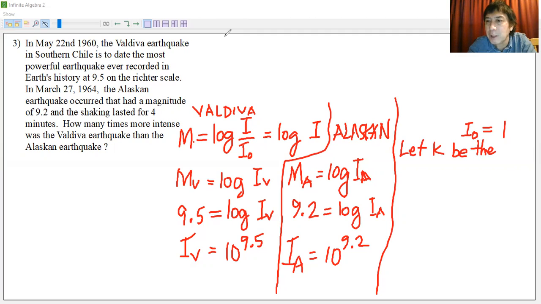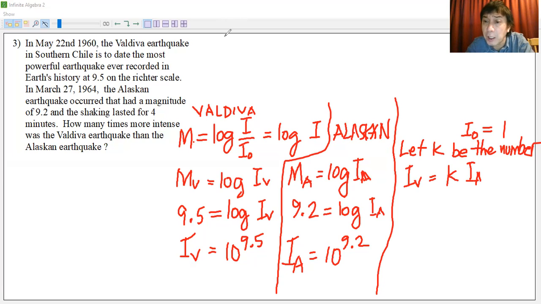Just let k be the number. And so the equation is the Valdivia earthquake intensity IV is equal to k times the Alaskan earthquake intensity. So this will be IV is equal to k times IA.